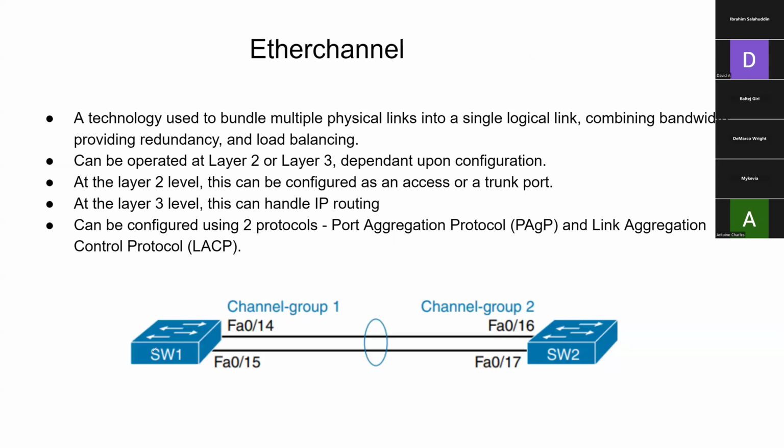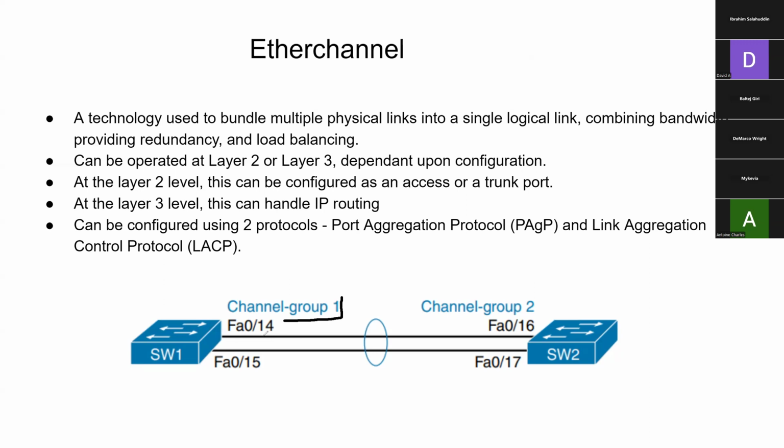On switch 1, we have 2 ports, FastEthernet 0/15 and 0/14. What we're going to be doing is taking these 2 physical links and combining them into what's called a channel group or a port channel. It can be used interchangeably. This is basically going to be that logical port that's going to provide all the bandwidth, the redundancy, load balancing. But how does that work?